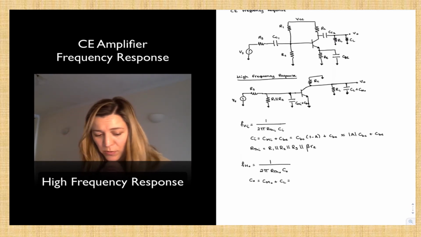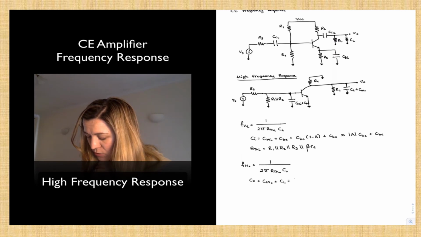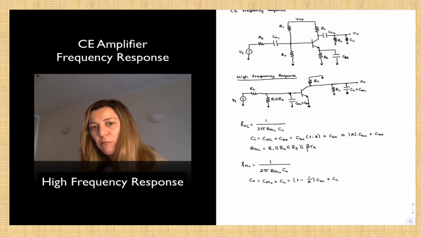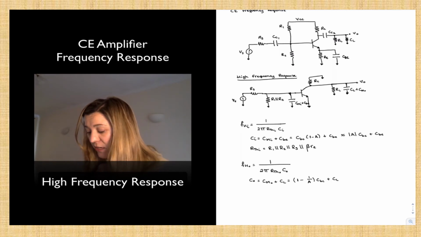And CMO is going to be equal to 1 minus 1 over A times CBC, plus CL. And again, since the gain is typically much larger than 1 for a common emitter amplifier, we can approximate this as CBC plus CL.